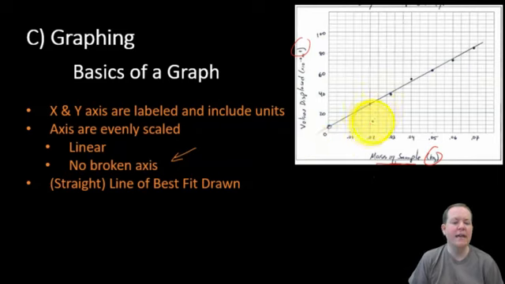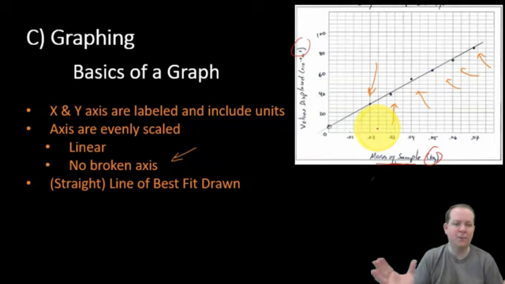Also, when we are making our data points, we always want to draw a line of best fit. So the individual data points, that's what these dots are right here, okay? Each of these represents one trial. And in science, we want to find an average because someone may have messed up in one trial.